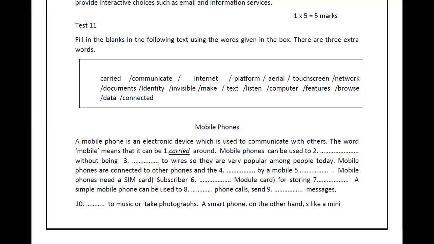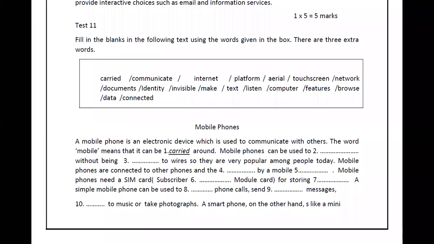Okay, now let's read the words. Carried. Carried means you can carry it. You can hold it and go here and there. Communicate. Communicate is like something you do. Internet, you know it very well. Platform is a place you do something. Aerial is you have it in the TV.